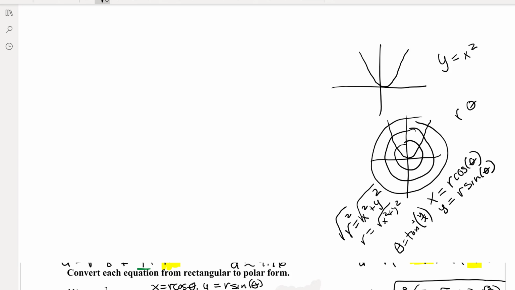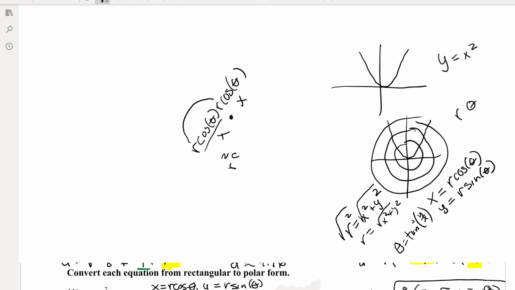Well, it gives us a y. That y is r sine theta. X squared is r cosine theta times r cosine theta, because this is x times x. Well, remember, when you're multiplying in polar, it's radius times radius, so r squared.